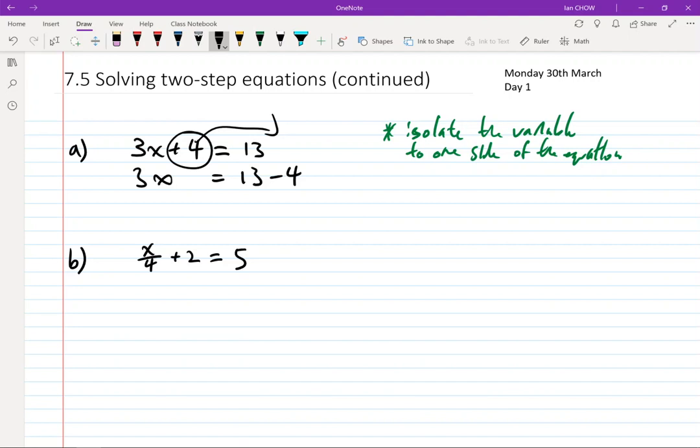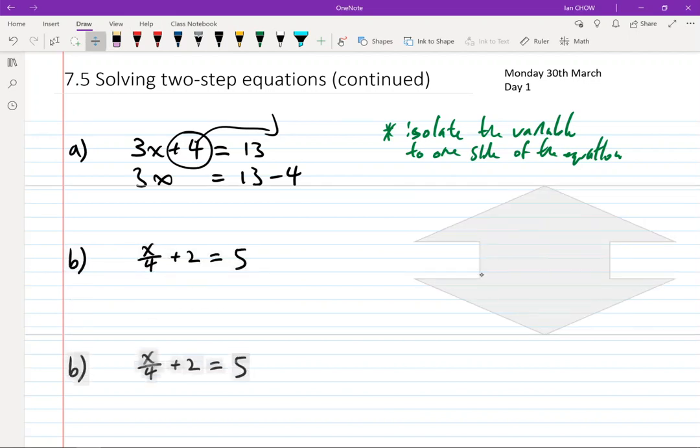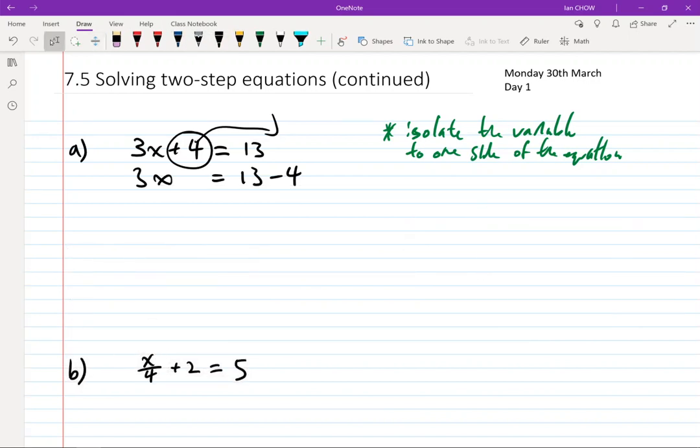I'll write all the steps over here. So we have 3x is equal to 9. And so for x, we want to get rid of the 3, which is multiplied to x, so we divide both sides by 3. That's going to be 9 over 3, sending the 3 to the other side at the bottom. So x is equal to 3. So we have solved it.